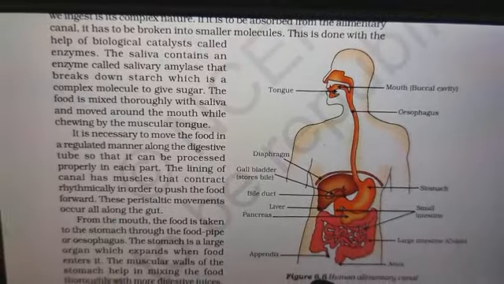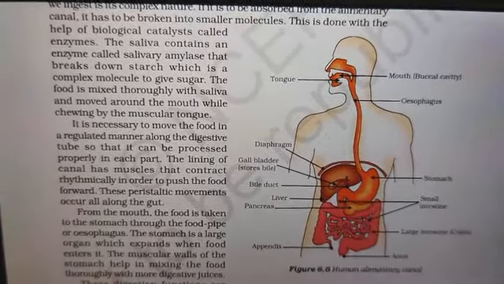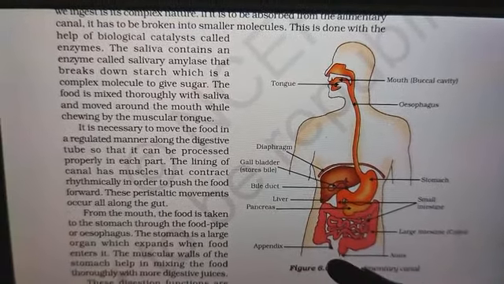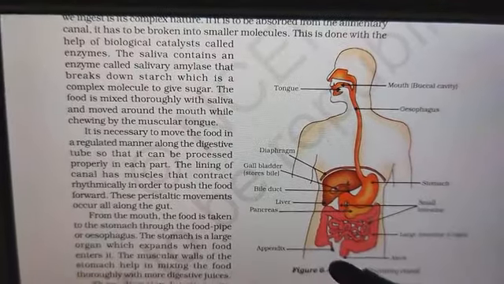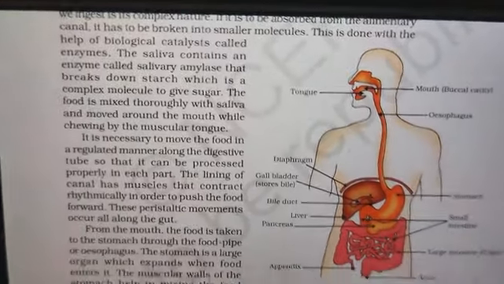The small intestine leads to the large intestine. The large intestine opens out through the anus. Here one small part is there called the appendix. This is a vestigial part of the human digestive system. These are various parts of the human digestive system.